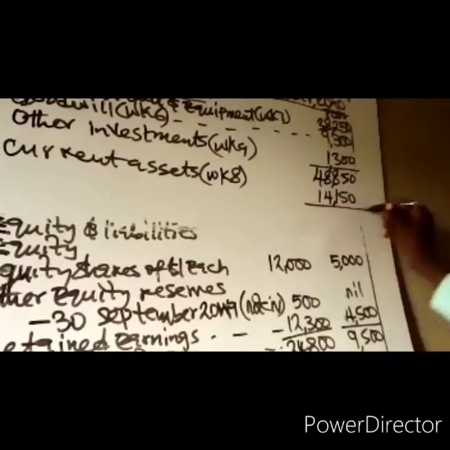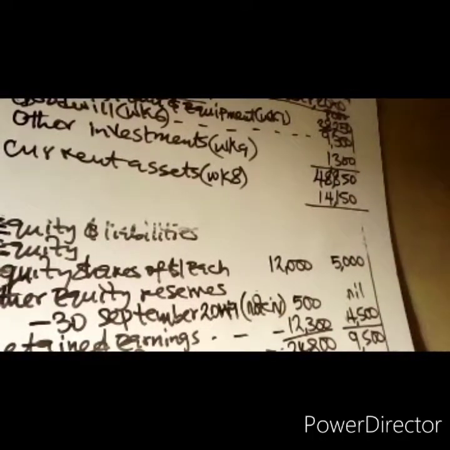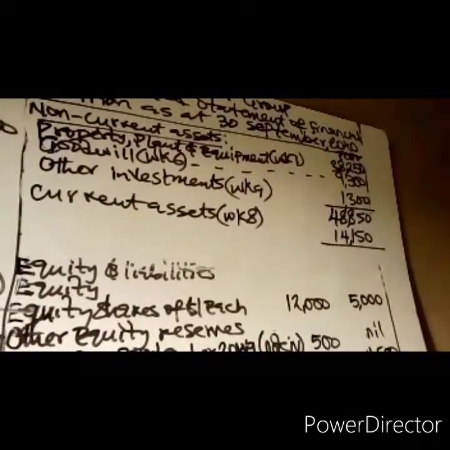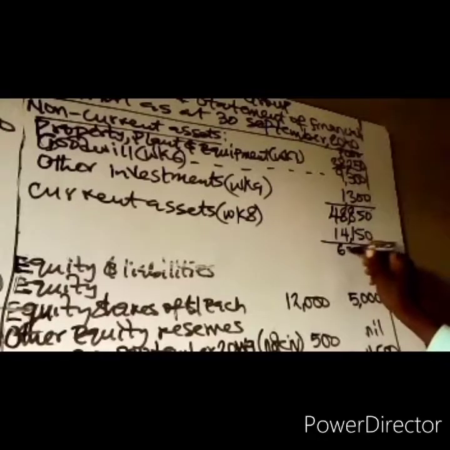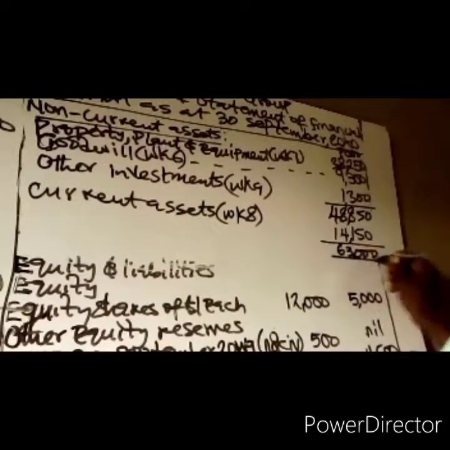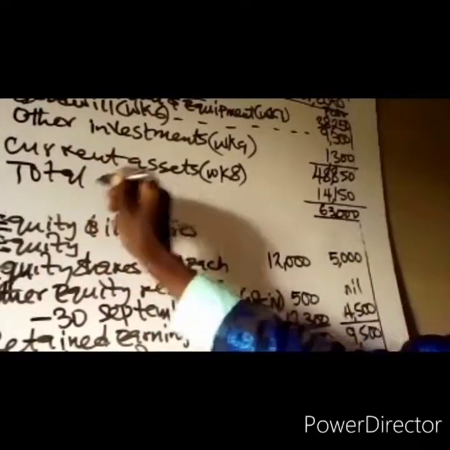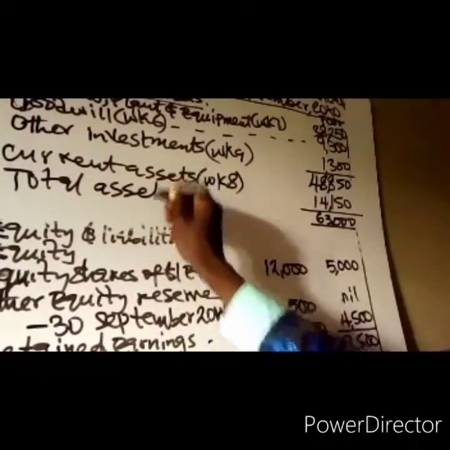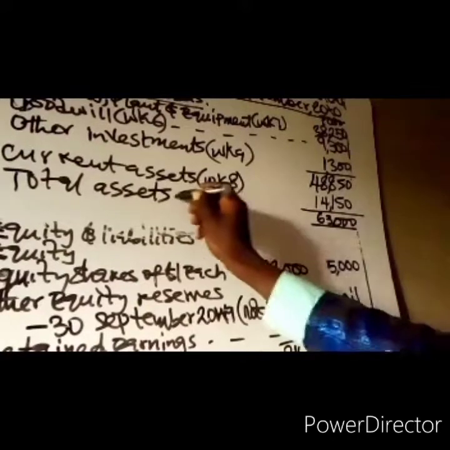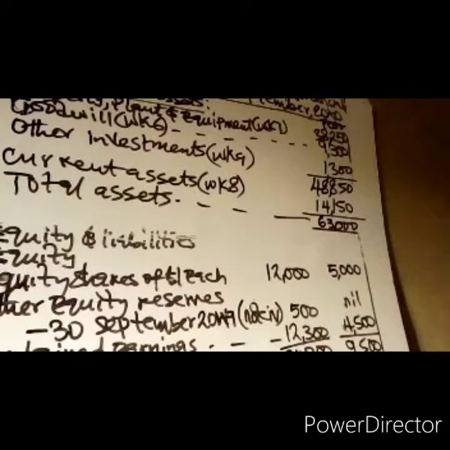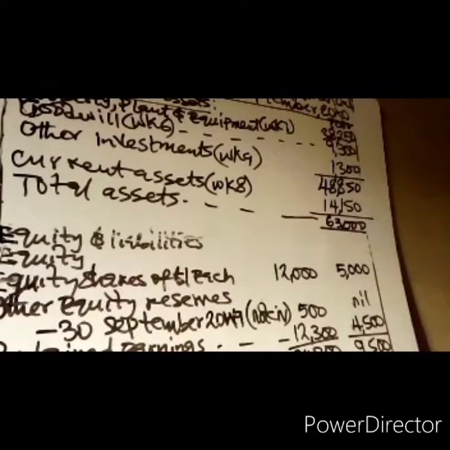Then if you sum it up, plus 14,150, the total of our asset is 63,000. That is total assets. The next section of the statement of financial position will be equity and liabilities.